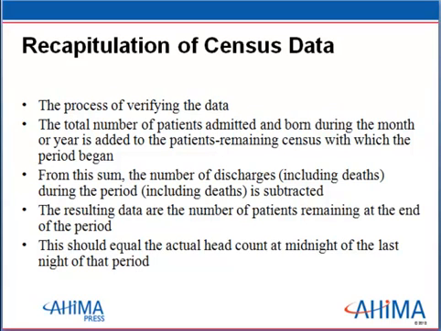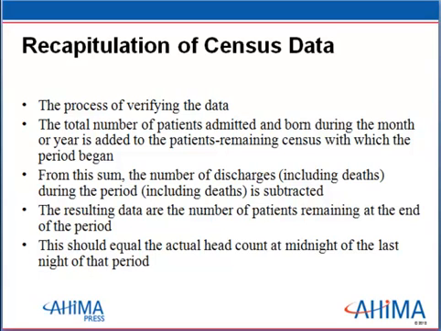Recapitulation of census data is the process of verifying the data obtained by the process described previously, over the month or year compilation of census data. Basically it's a summary of the data. The total number of patients admitted and born during the month or year is added to the patient's remaining census with which the month or the year began.